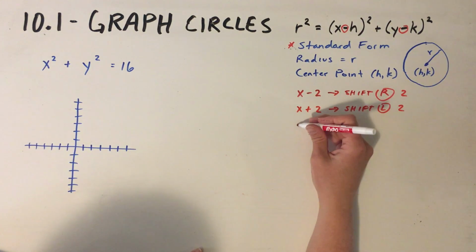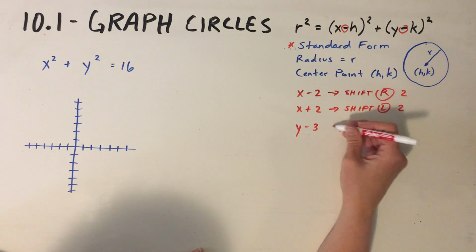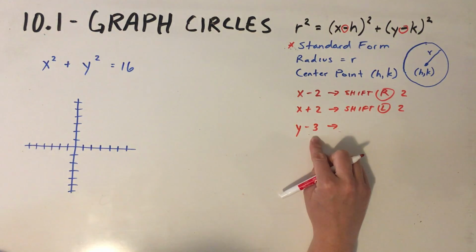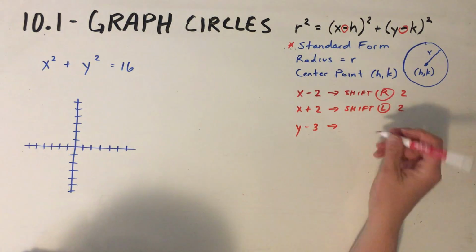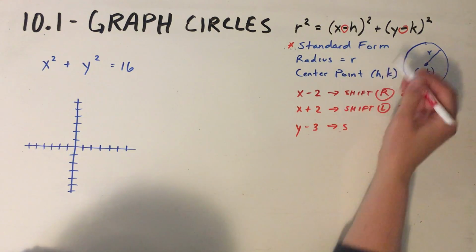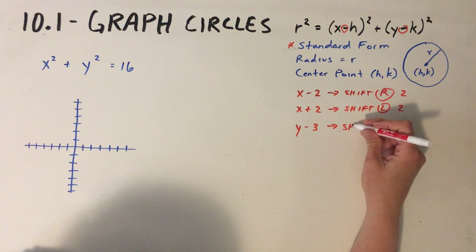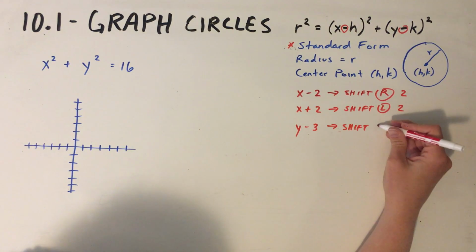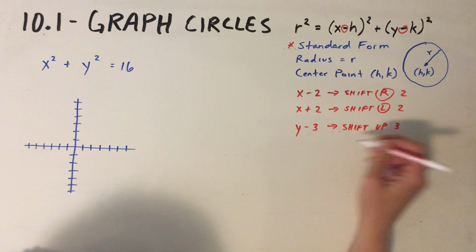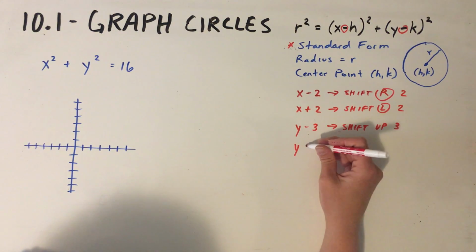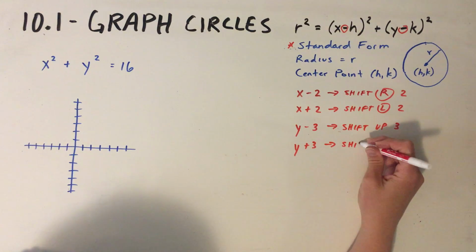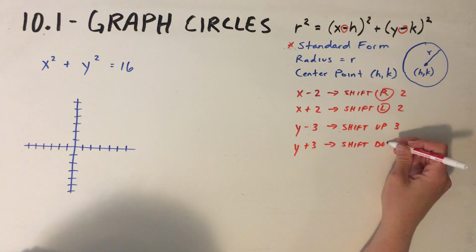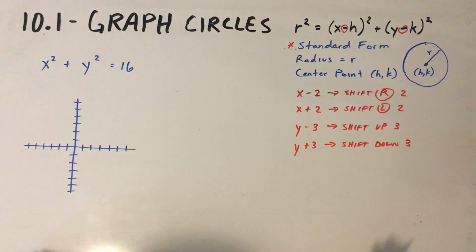And if I have y minus 3, instead of shifting down, this will shift up, because of this negative here, it does the opposite. So this is going to shift up 3. And if I had y plus 3, then this would shift down 3, the center point.